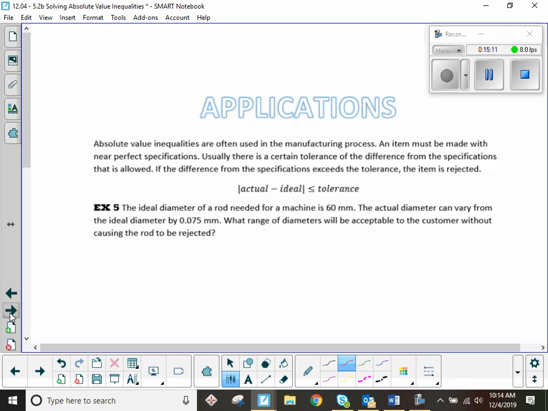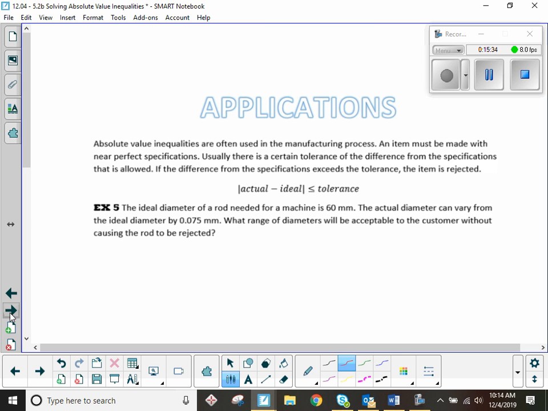What would the lowest range I would have? 20. What would the highest range be? 30, right? So if I said my average class size is 25, give or take 5, it means it could either be 5 below or 5 above. That give or take 5 is what this problem is talking about as the tolerance. It's the difference you could tolerate in either direction.